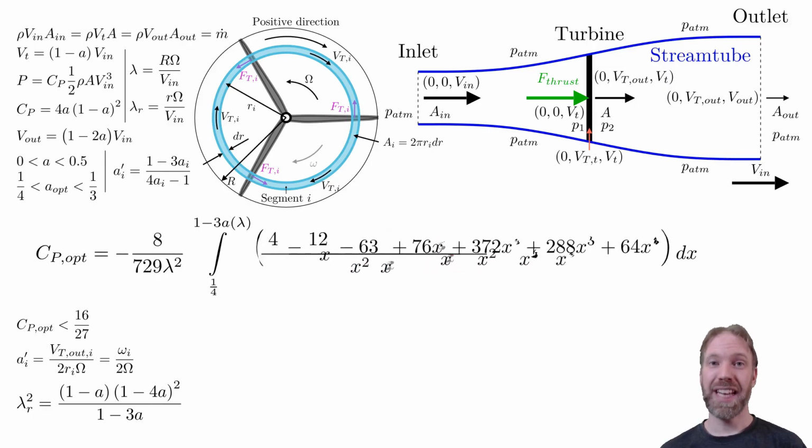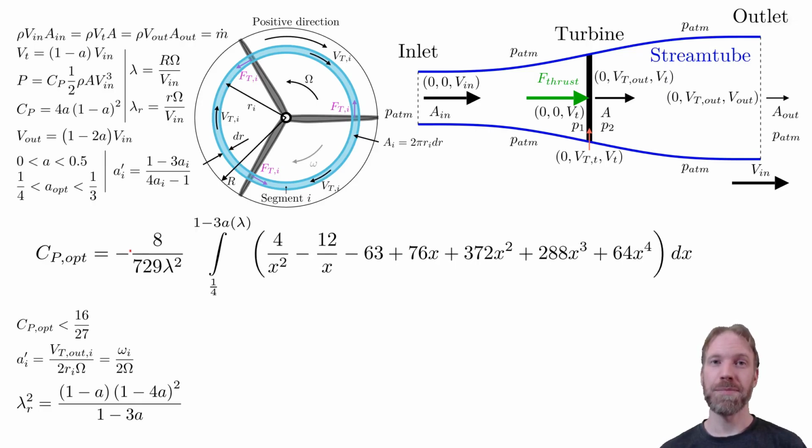Divide all terms with x squared before we can integrate them. We can remove the minus sign by flipping the integration limits.